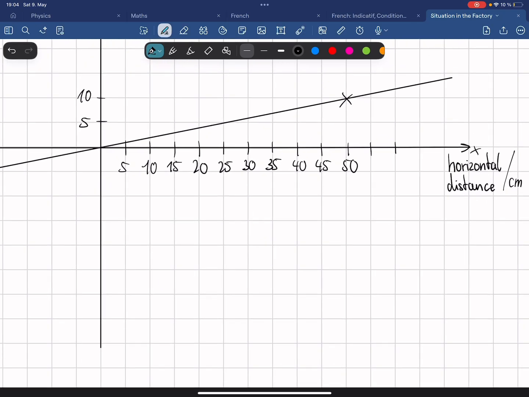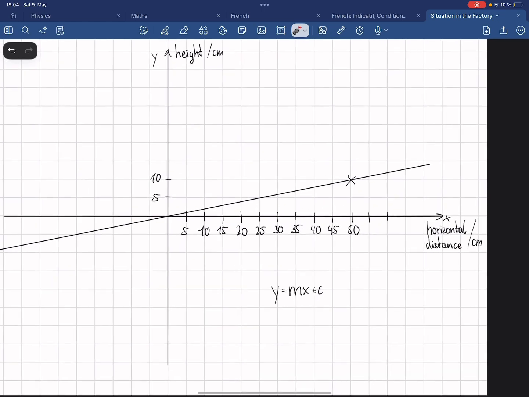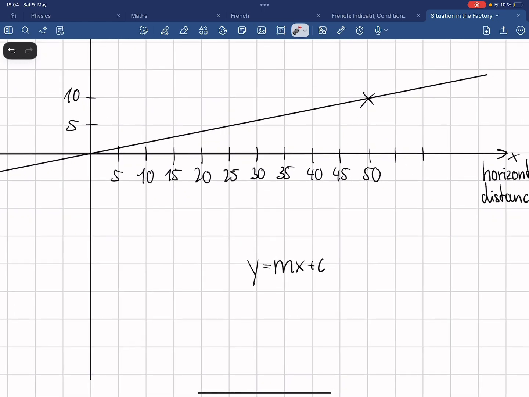So the normal form of the linear function is y equals mx plus c. Here, m represents the gradient, so how much the graph goes up over a specific distance, so how much up while it's traveling a distance.